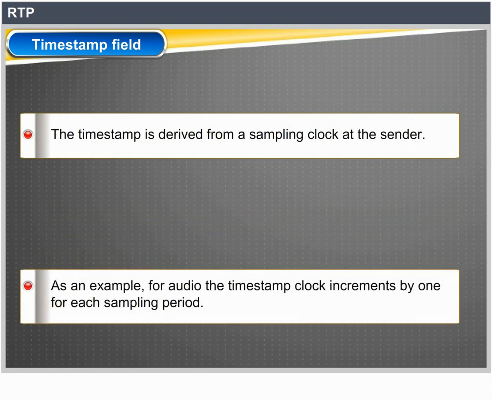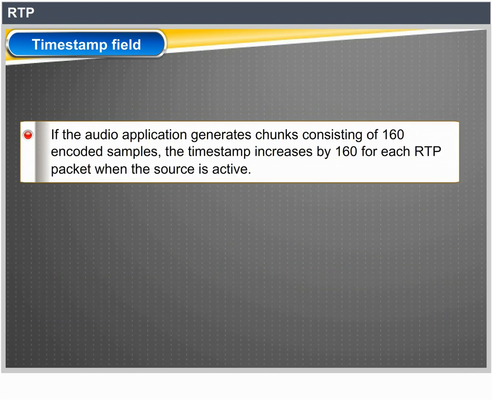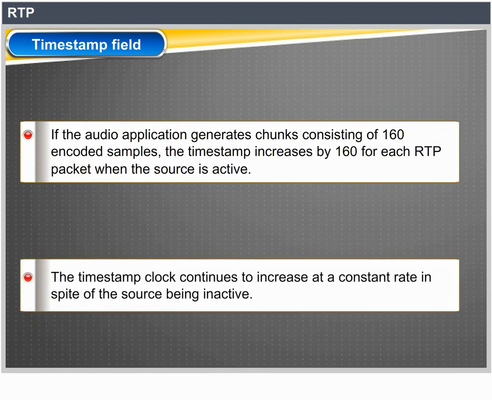As an example, for audio, the timestamp clock increments by 1 for each sampling period. If the audio application generates chunks consisting of 160 encoded samples, then the timestamp increases by 160 for each RTP packet when the source is active. The timestamp clock continues to increase at a constant rate even if the source is inactive.